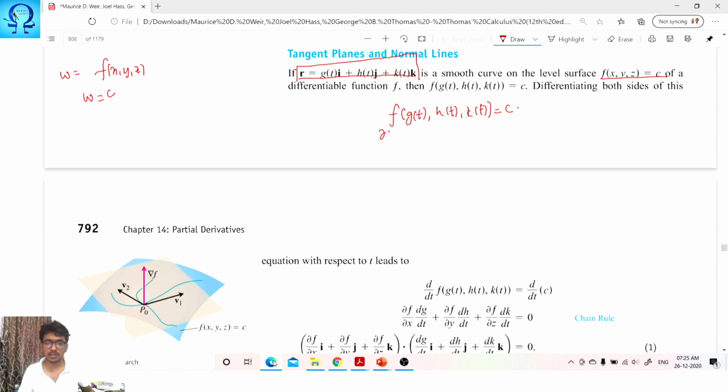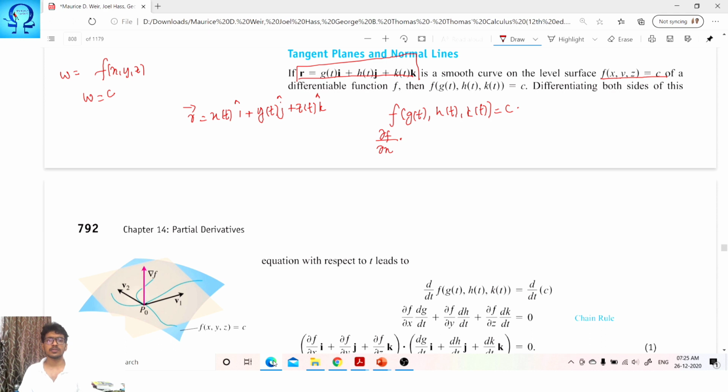Instead of g, h, k, you may also write your r vector as x of t i vector plus y of t j vector plus z of t k vector.